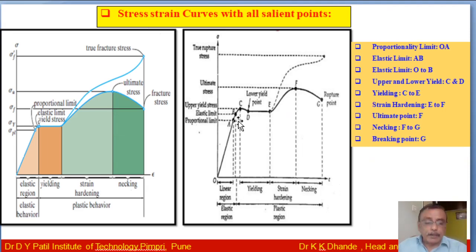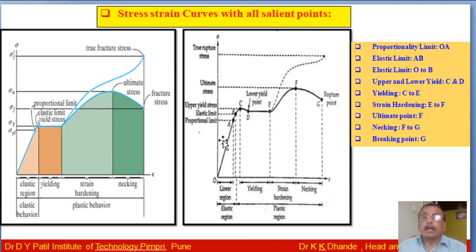Beyond the proportional limit, the slope of the graph starts decreasing or deviates from its original line. Up to the point B, the specimen regains its original length when the load is removed, but from A to B, the stress is not proportional to strain.